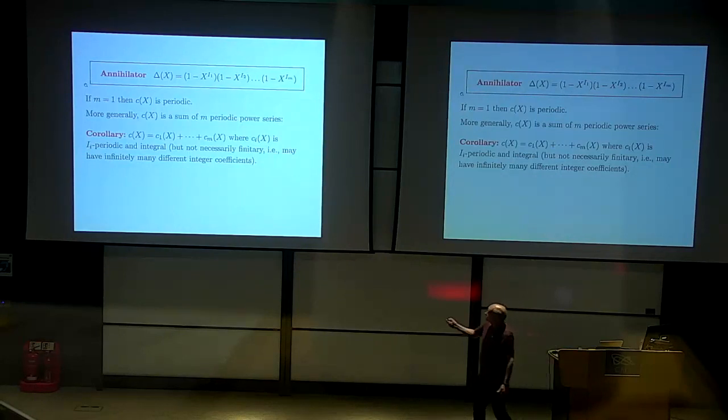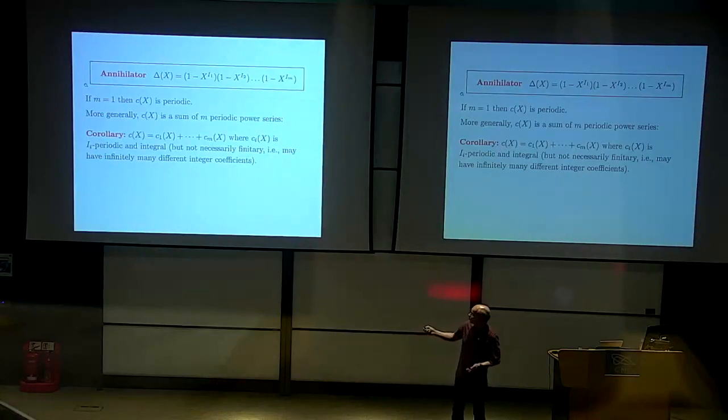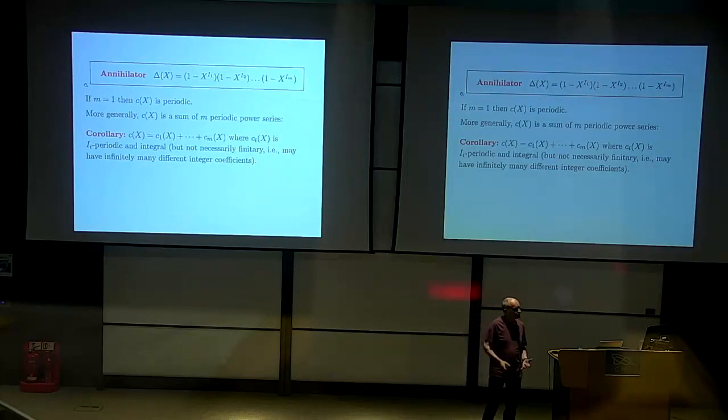Okay. These operations also look a little bit like derivatives, they're difference operators. You can do the inverse, which is the integration, and it turns out that when a configuration has an annihilator like that, the configuration itself is a sum of periodic configurations. The periodic power series. So you can decompose your configuration into a sum of periodic guys.